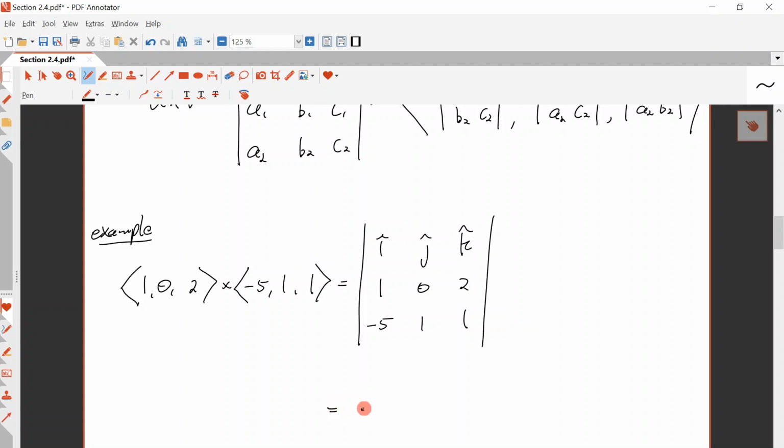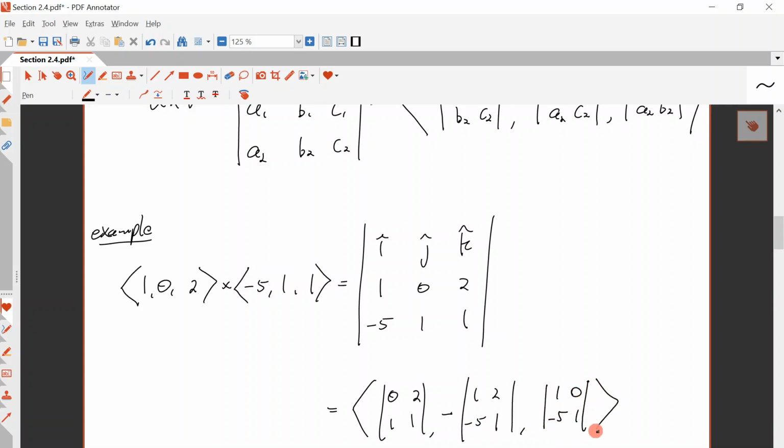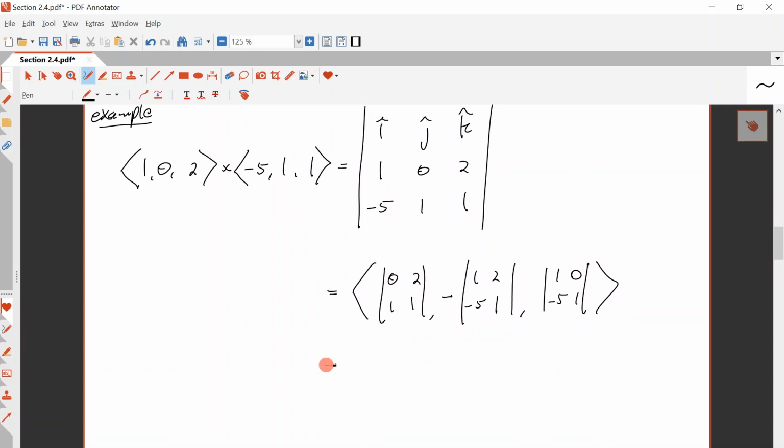So this is equal to the vector of 2 by 2 determinants as such. This one is equal to 0 minus 2.